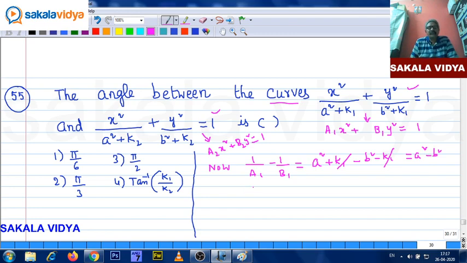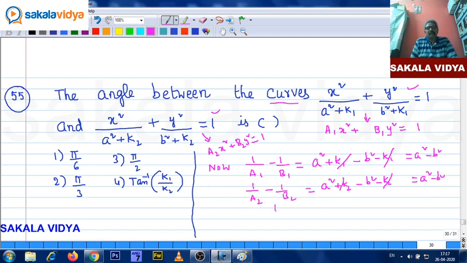Now consider the second equation, 1 by a2 minus 1 by b2 equals the same thing: a square plus k2 minus b square minus k2, k2 gets cancelled, and we have a square minus b square.